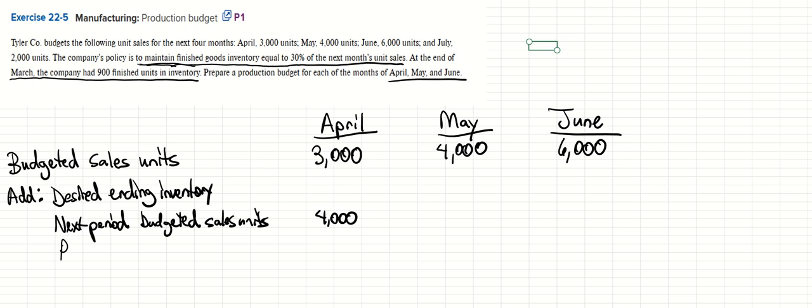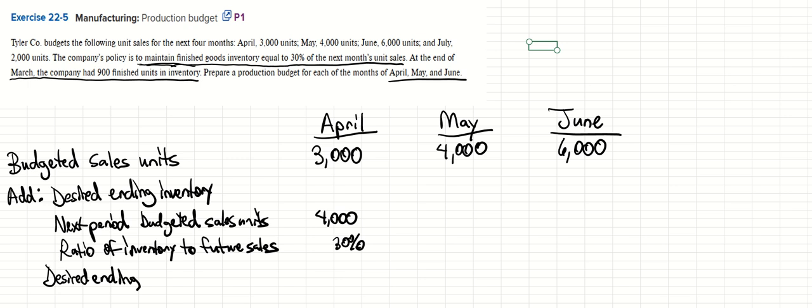That's the ratio of inventory to future sales. So our desired ending inventory in units is going to be 4,000 multiplied by 30%. That's going to give us 1,200 units. So this is our buffer, our cushion.